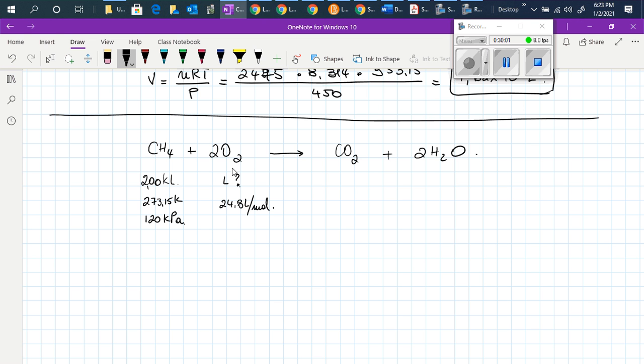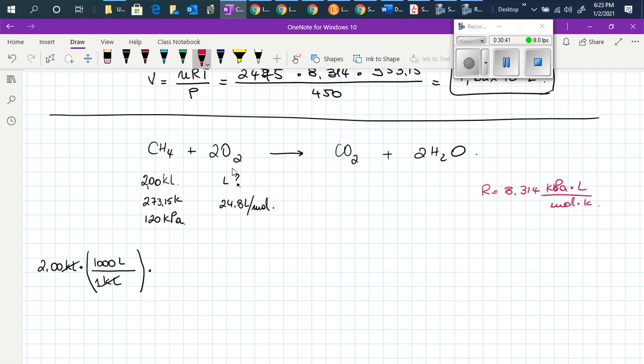So we'll start with what is given. 2.0 kiloliters. Let's convert it into liters. In 1 kiloliter, we have 1,000 liters. So kiloliters and kiloliters is canceled out. Now keep in mind, when we talked about this, the R constant in gases is 8.314 kcal over mole K. So those are the units.